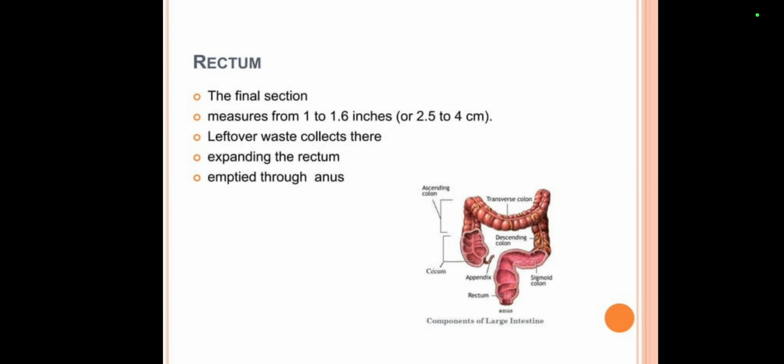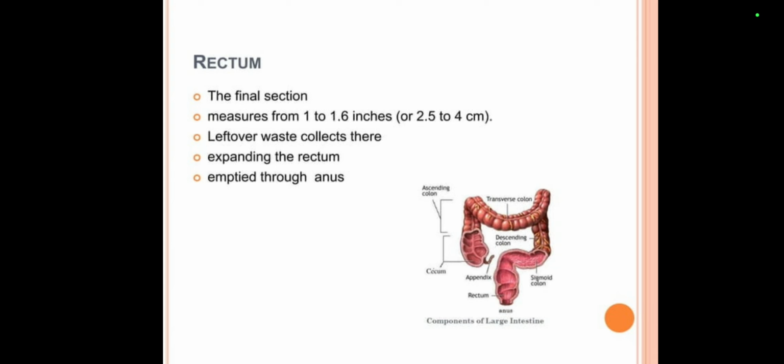Next is the final section, which is the rectum. Usually the rectum is the final part, as I've said. It measures 1 to 1.6 inches, or 2.5 to 4 centimeters. It is the canal of your waste, which collects waste product after the digestion.